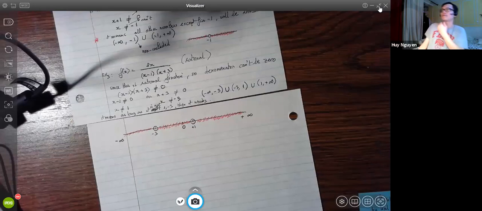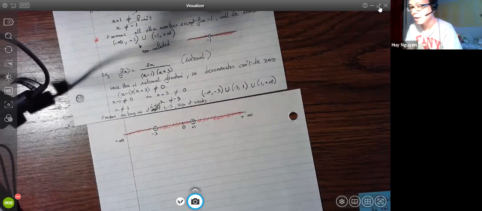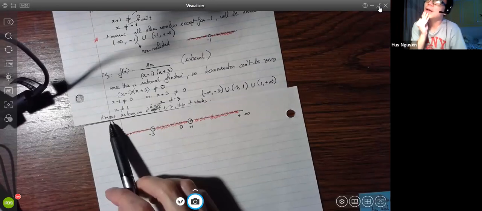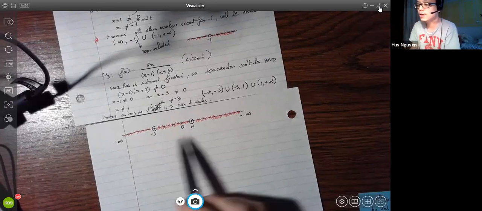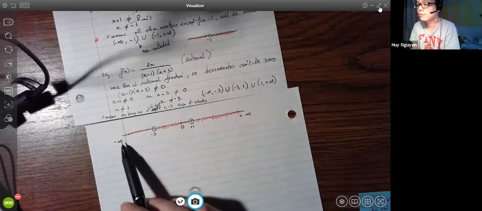If you guys still have trouble with this, after the Zoom meeting you can watch it again and try contemplating, because it's based on what I'm writing here. You think about it and say, okay, as long as it's not 1 and negative 3, then it works. Then it means we don't want to include 1 and negative 3, and then everything will work.